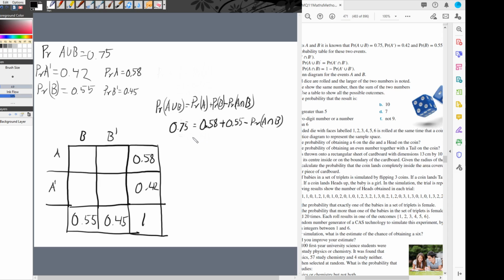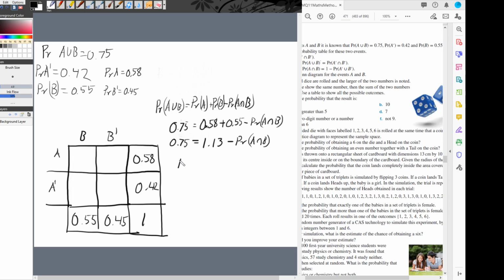So now we can add these two up. We end up with 0.75 is equal to 1.13 minus PR A intersection B. Now these two do not equal each other, so that means that it is not mutually exclusive. So we need to quickly find out what our intersection probability is, because we've counted it twice. So let's rearrange.